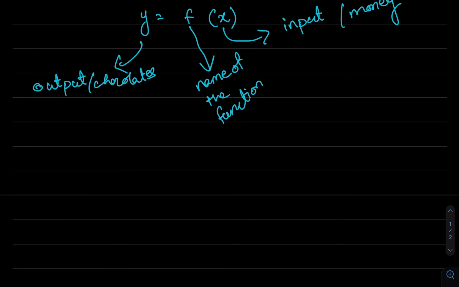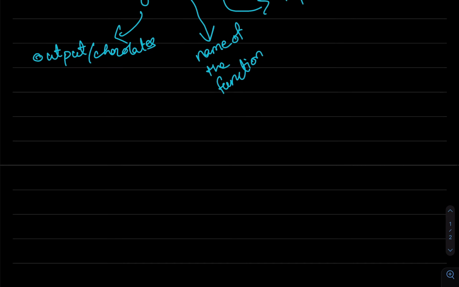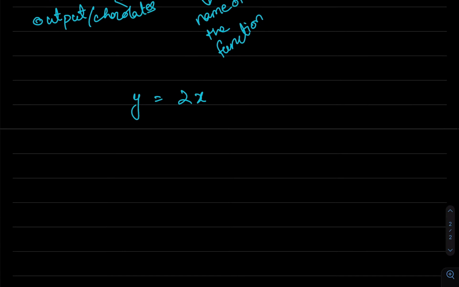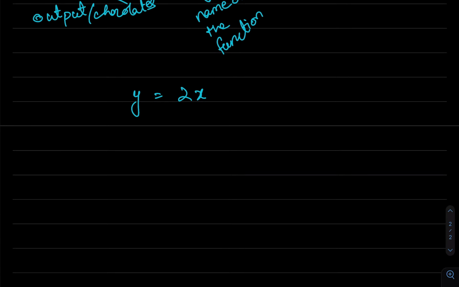Now let's say you can get two chocolates for each dollar. So the function that you'll get is y equals 2x. Okay, and I'll show you why it is that way. Because let's say if you've got $1, I just wrote one instead of x. If you've got $1, you can get two chocolates, right?